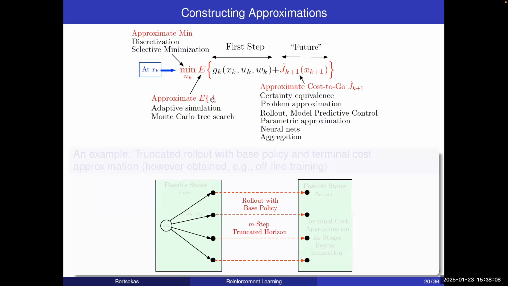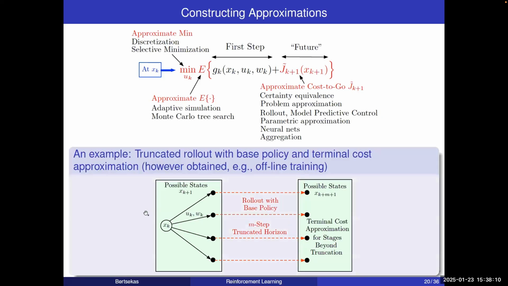And as an example, let me focus on rollout. Rollout extends to stochastic problems as well. At a given state, we generate all possible controls, and then we generate all possible random disturbances to get to the next state.